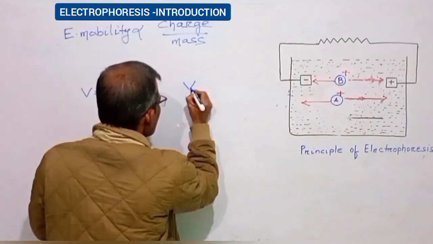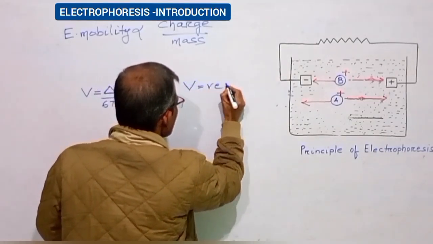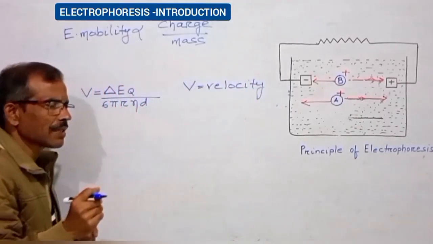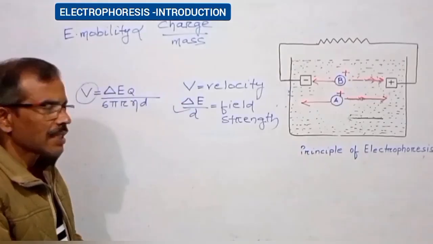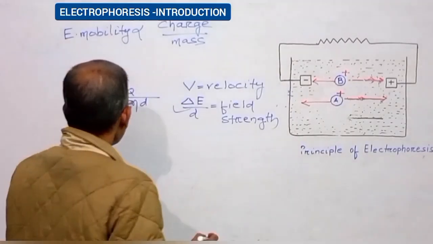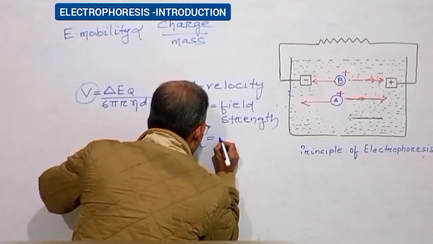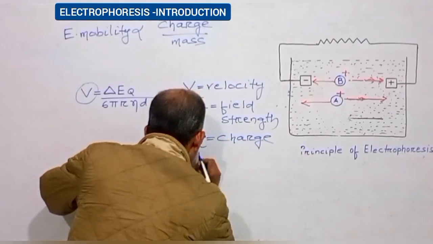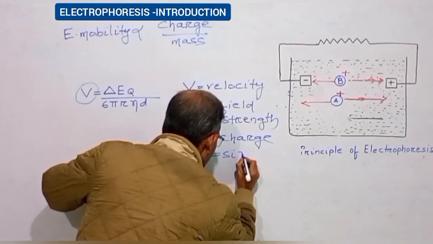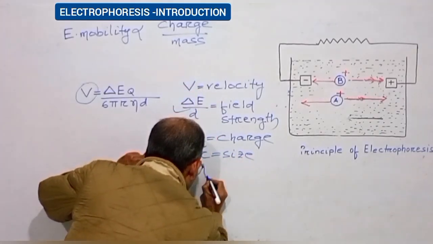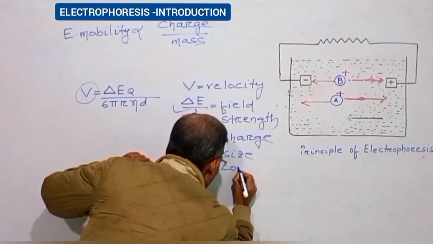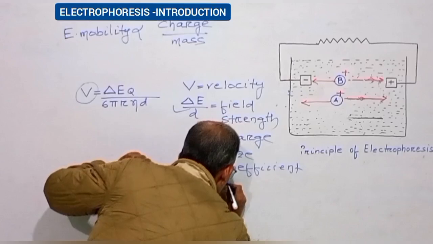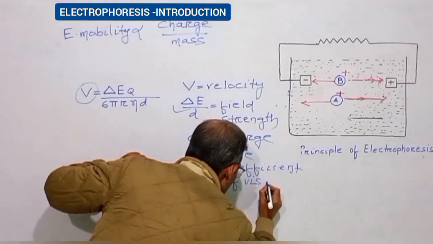In this equation, V is the velocity at which a charged particle migrates in an electric field, and delta E by D is the field strength, Q is the charge on the molecule, R represents the size, and eta is the coefficient of viscosity.